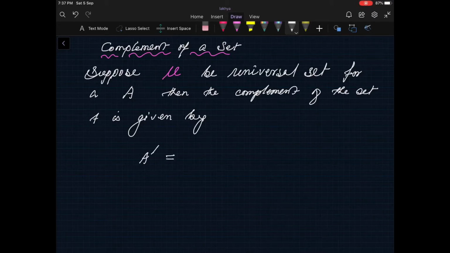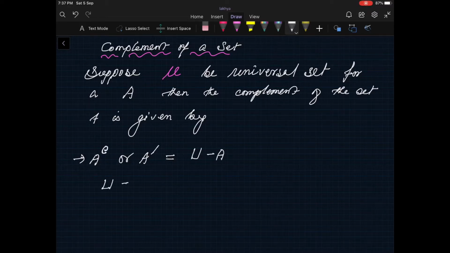So A dash represents A complement, which is equal to U minus A. A complement is also denoted as A C. Either you can write like this or you can write A dash in order to represent complement of A.